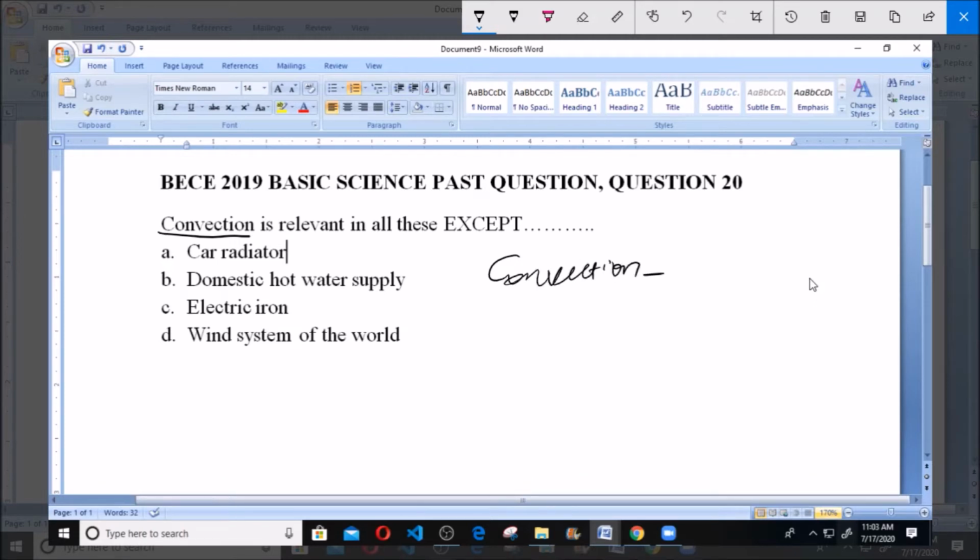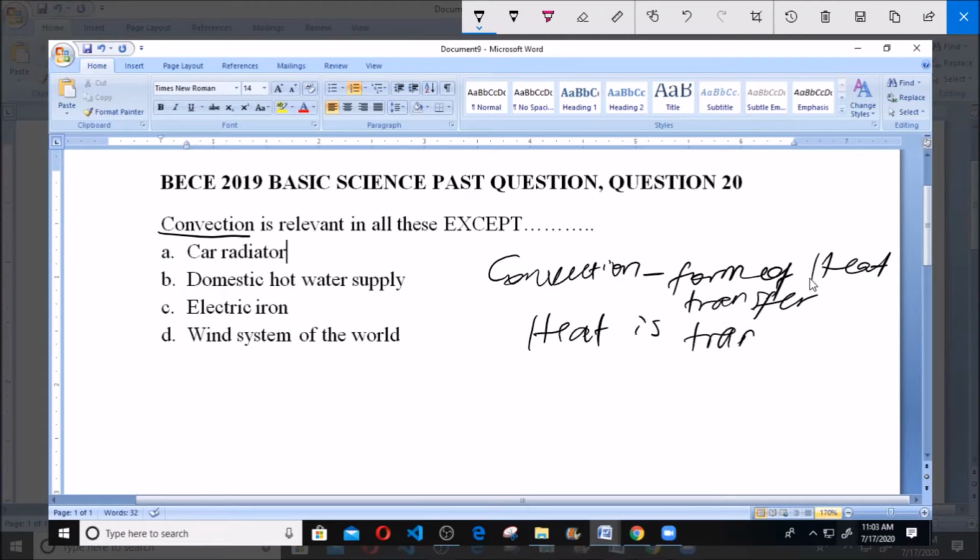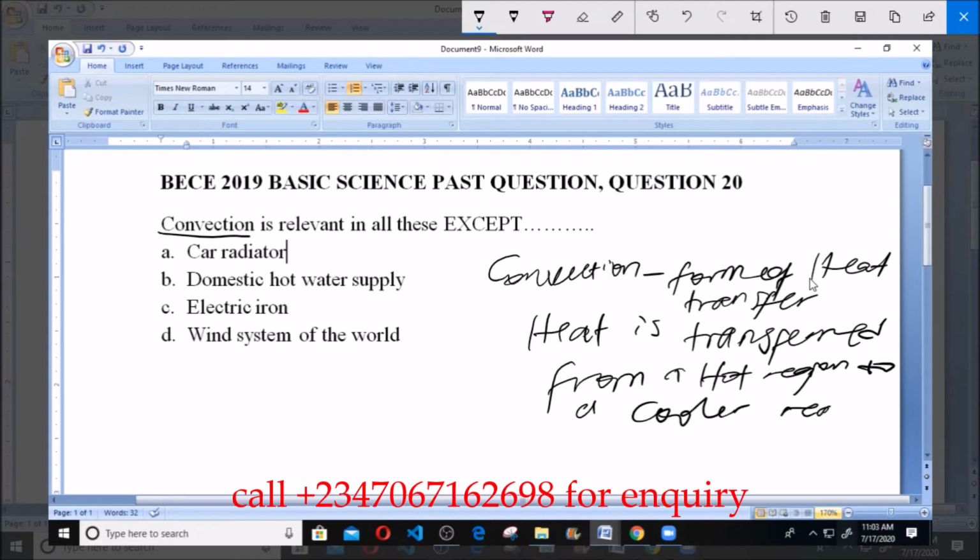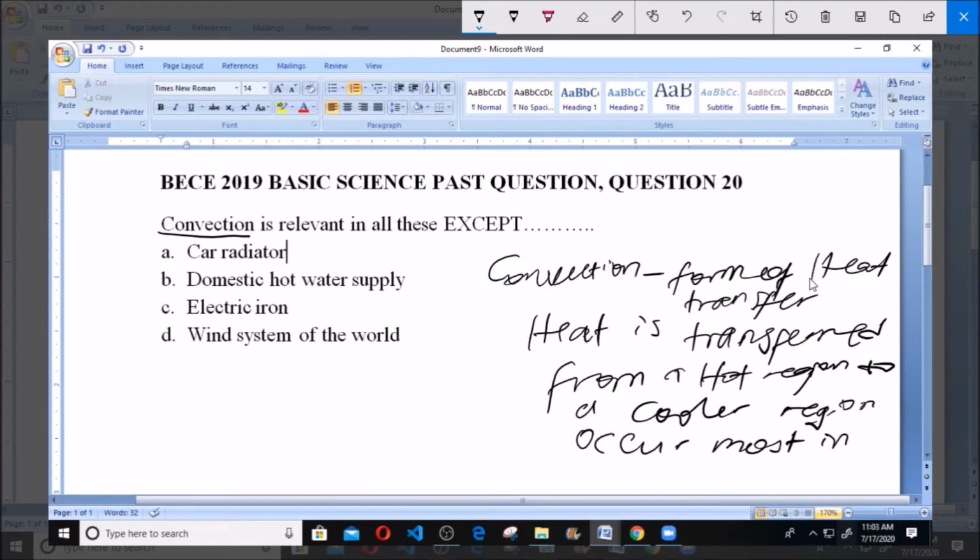Convection is a form of heat transfer, whereby heat is transferred from a hot region to a cooler region, and it occurs mostly in fluids, that's your liquids and your gases, like water.